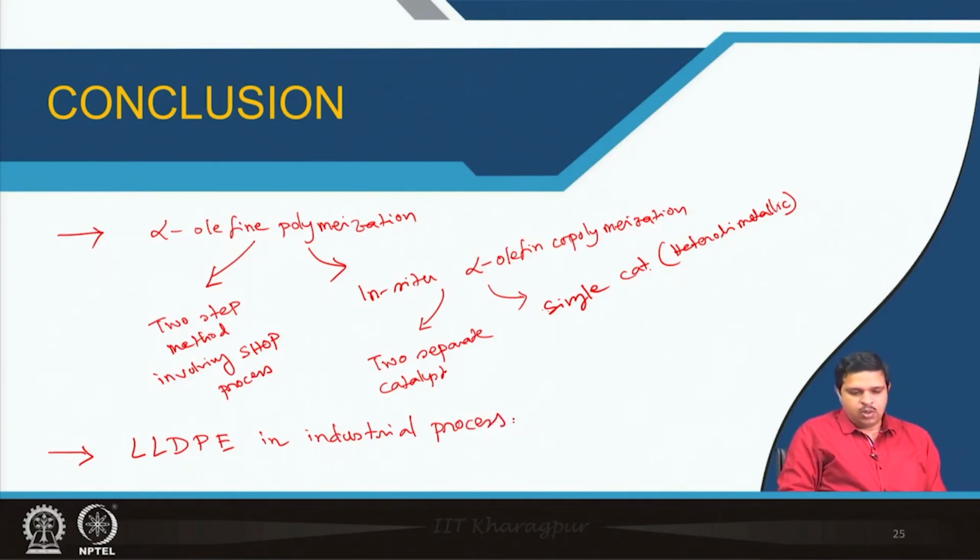As I told, if we use the metallocene-based catalyst, we can generally say it's LLDPE. If it is through Ziegler-Natta catalyst or another way, we simply call it LLDP. So from today's class and the last class, we understood that for industrial LLDPE synthesis, we follow the alpha olefin copolymerization protocol.